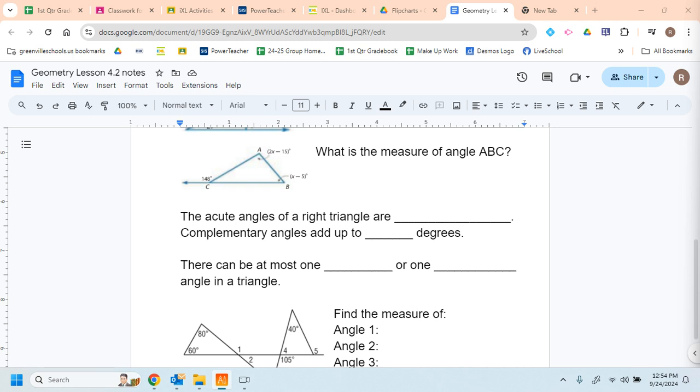We also can tell that angle 5 here is an exterior angle. So once again, we know that 40 plus 75 is equal to 115. So that is the measure of angle 5. All right, so that does that.